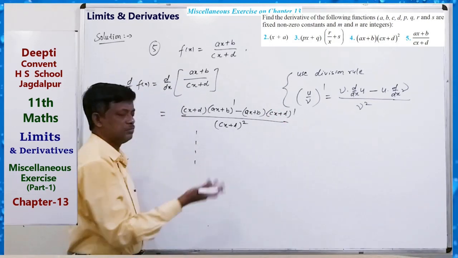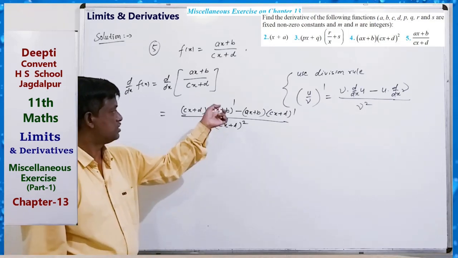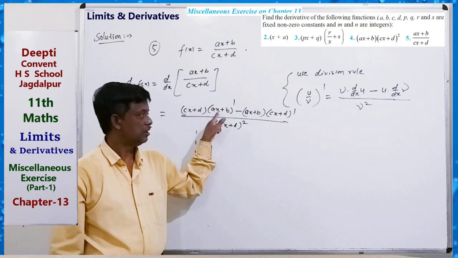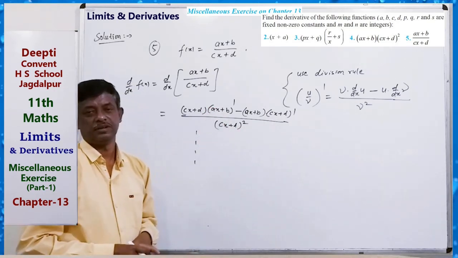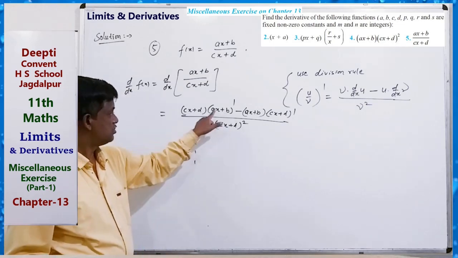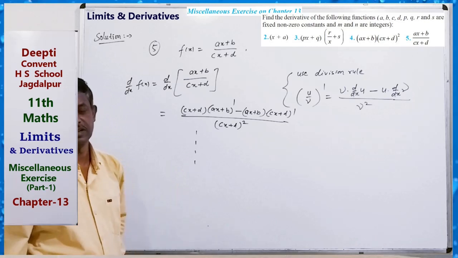And you can do the simplification of this after differentiating. Its derivative a, its derivative c by distributing. Its derivative will be 0, so here a into 1, c into 1. So you can get a simple result here.